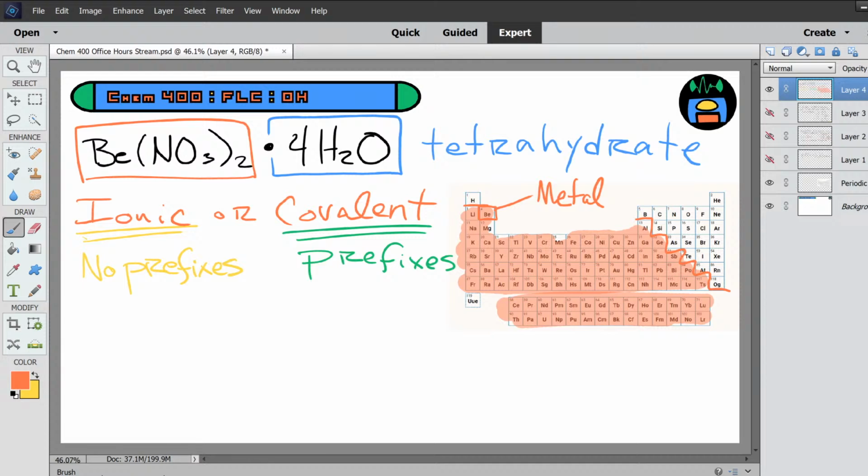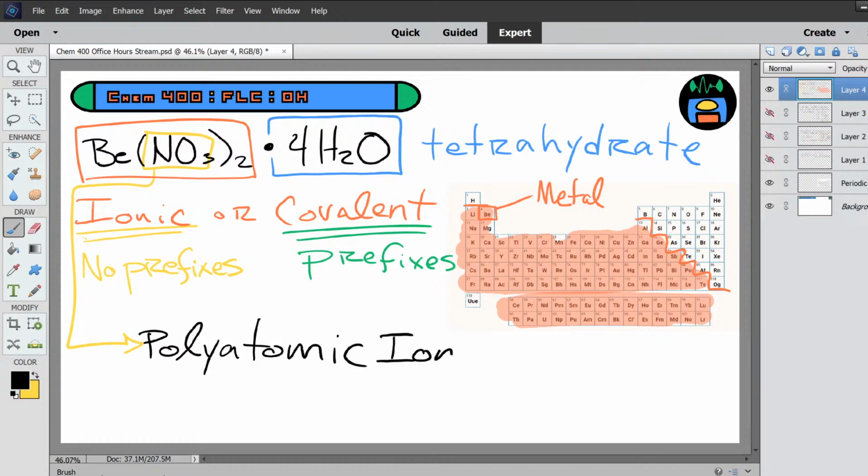But another thing that's even more telling is nitrate, NO3. This is one of our polyatomic ions.